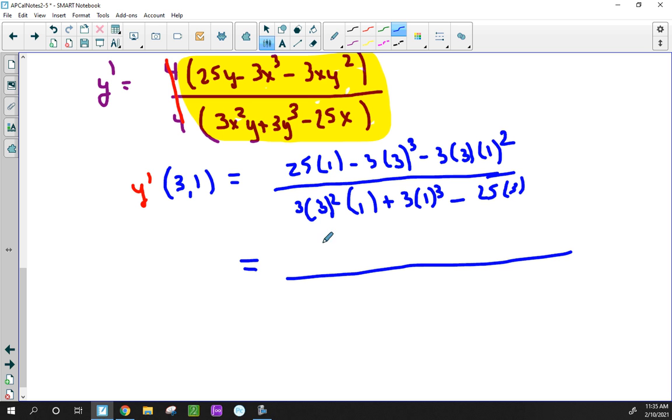Alright, 25 times 1 is 25. 3 cubed is 27, and 27 times 3 is negative 81. We do power here, so 1 squared times 3 is 3, and 3 times negative 3 is negative 9. Denominator, 3 squared is 9, 9 times 3 is 27, so the bottom, first number is 27, plus 1 times 3 is 3, minus 75.